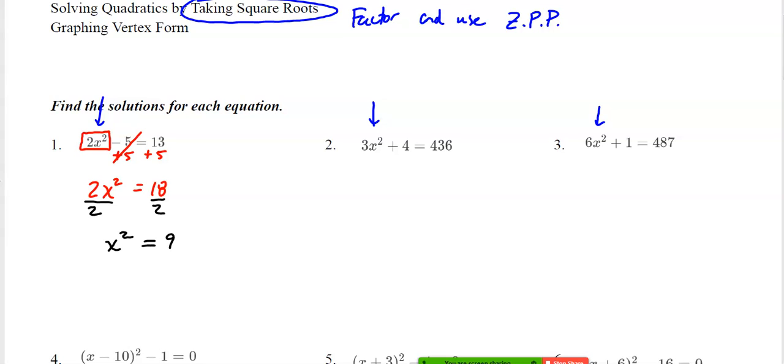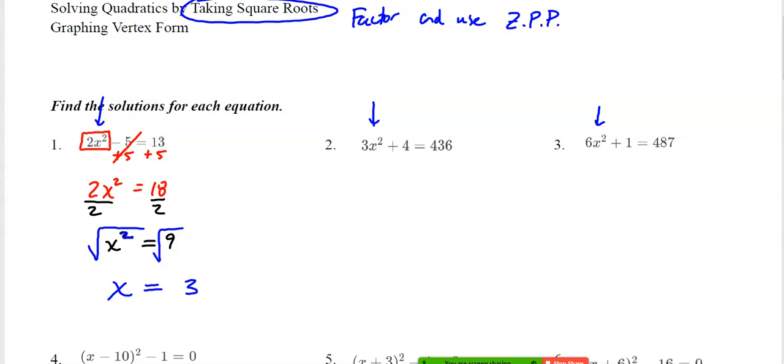And then down here at the bottom, to get rid of that squared, the opposite of squaring something is to take the square root. So the second that I do this, that and the 2 cancel each other out, and I'm just left with x. But if I take the square root of the left side, I got to take the square root of the right side. Here's the part you really got to be careful on. The square root of 9, most people will just say, oh, it's 3.